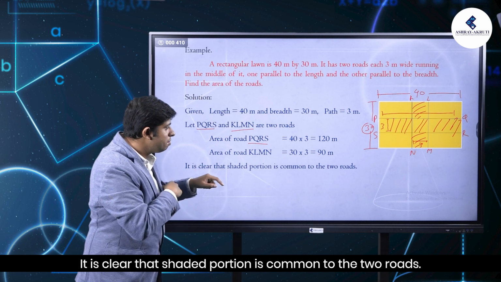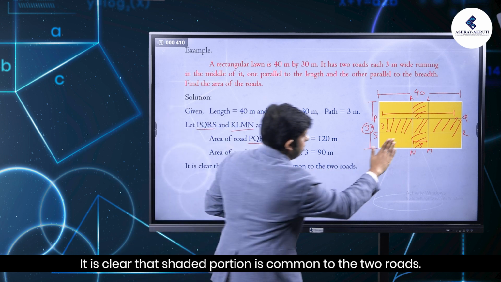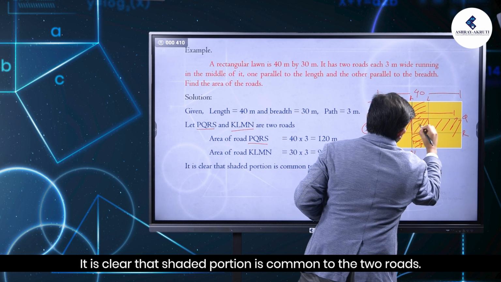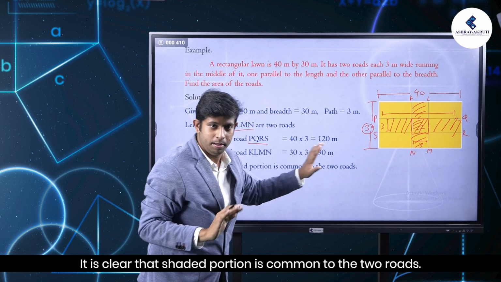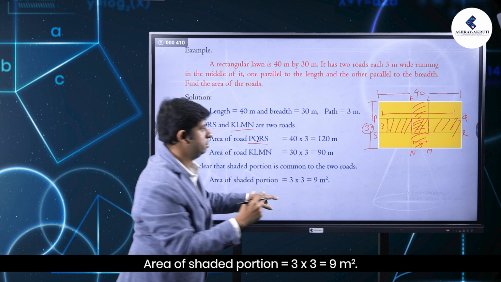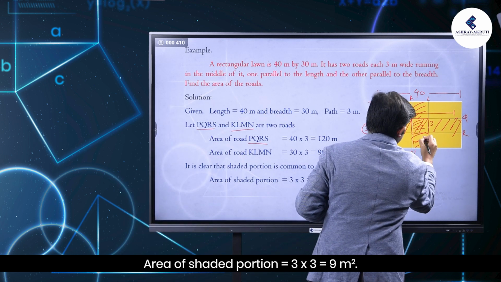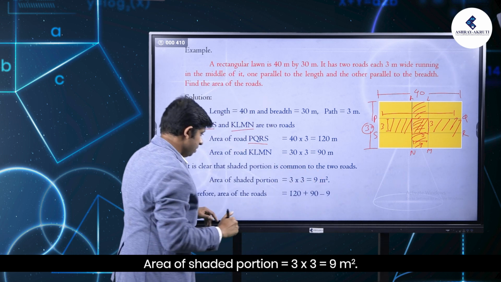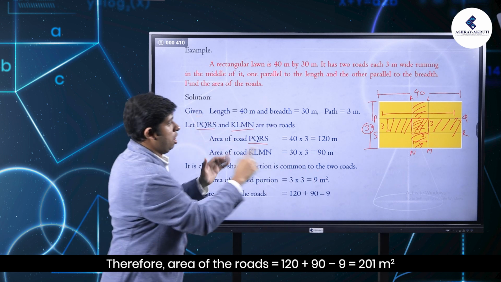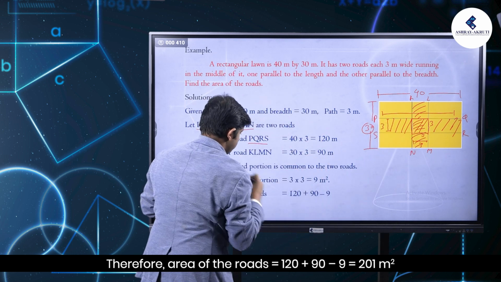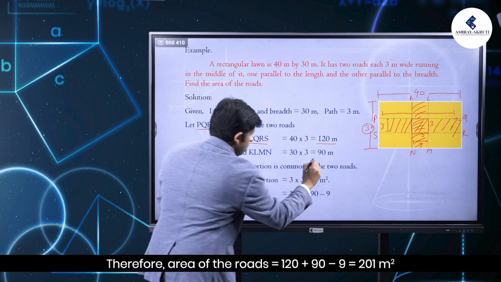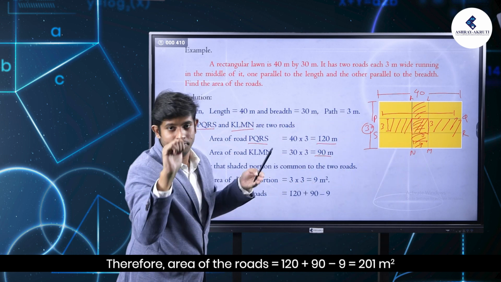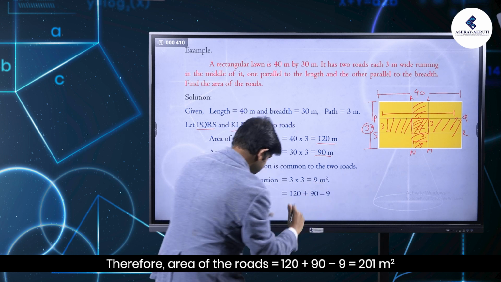It is clear that the shaded portion is common to the two roads. Area of shaded portion is equal to 3 into 3, which is equal to 9 meters square. Therefore, area of the roads is equal to 120 plus 90 minus 9, which is equal to 201 meters square.